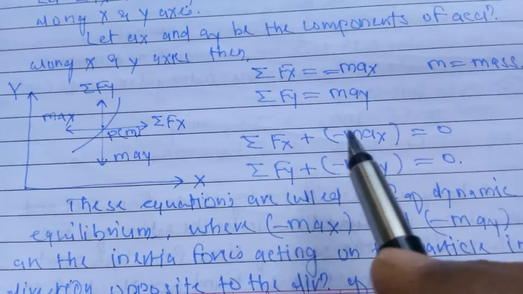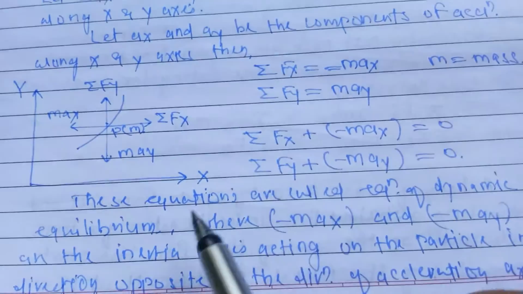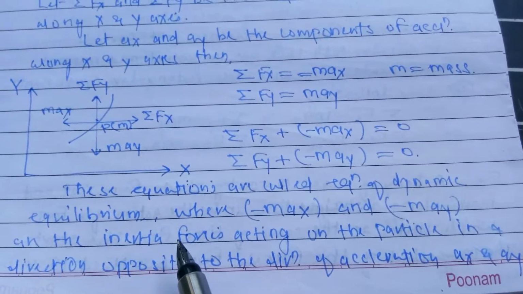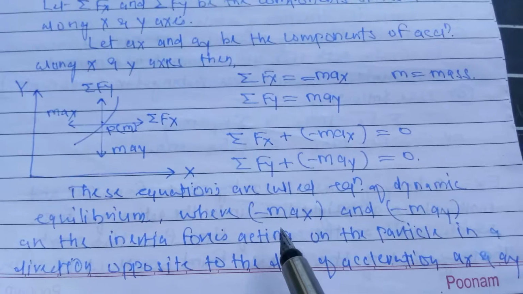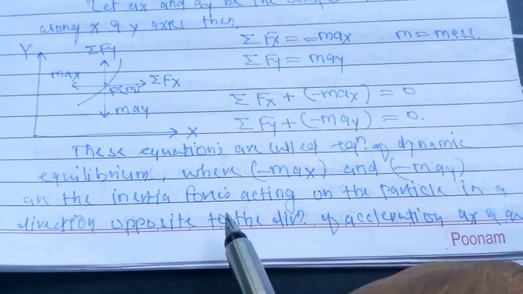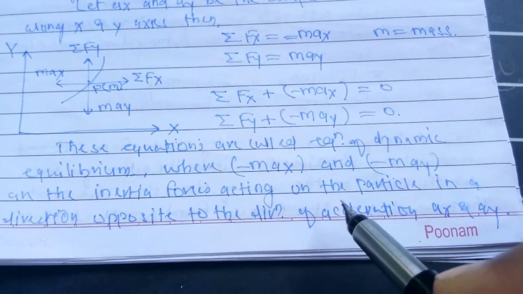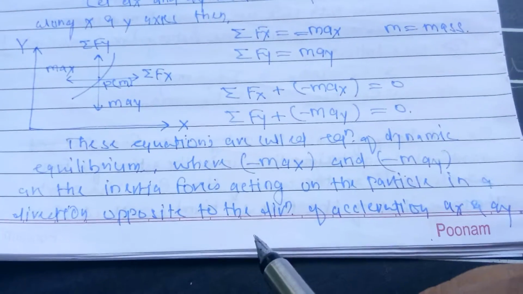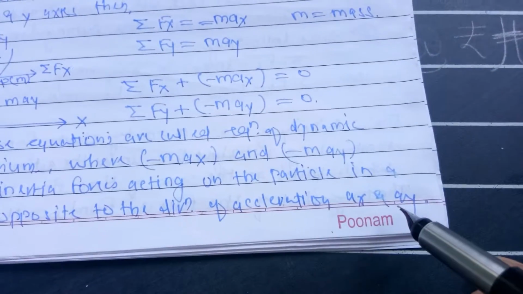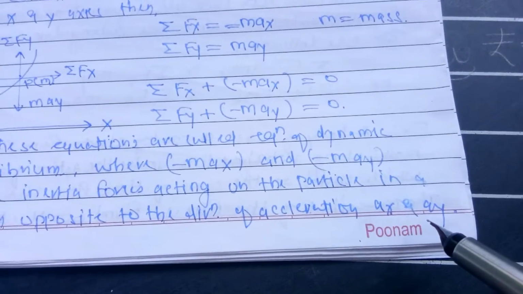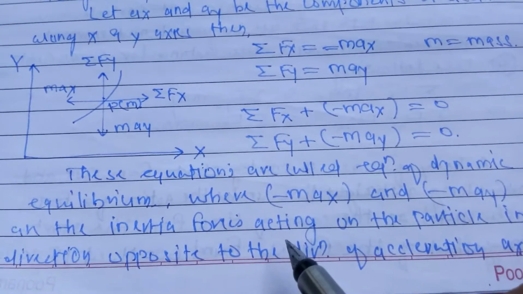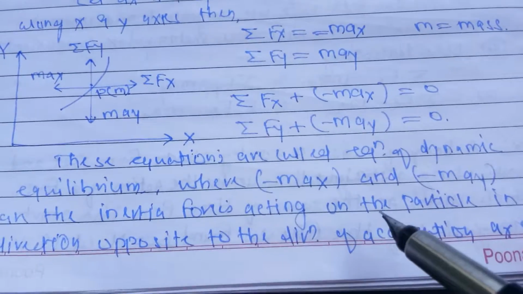These equations are called equations of dynamic equilibrium, where m ax and m ay are the inertia forces acting on the particle in a direction opposite to the direction of acceleration ax and ay. So minus m ax and minus m ay are called inertia forces.